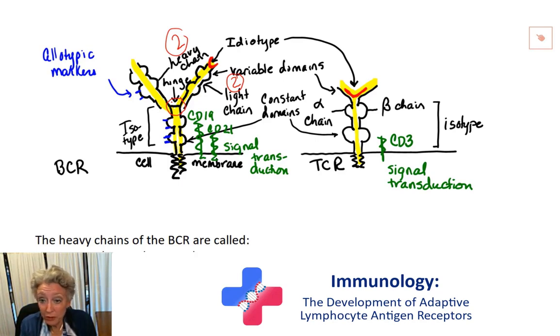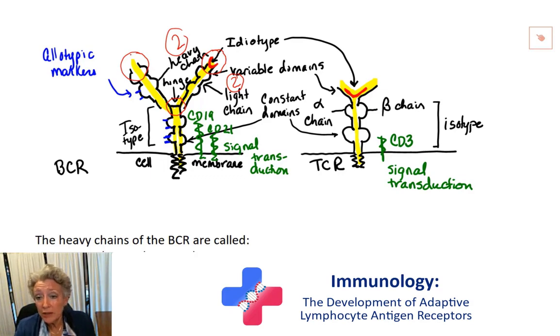Now, if both of the chains are identical, I think that you should be able to imagine that the three-dimensional shape of the N-terminal groove that forms on each side of the molecule must be identical. Because if I have the heavy and the light on each side being identical to the other side, there's no way to make a different shape.